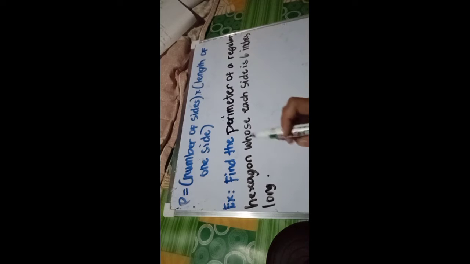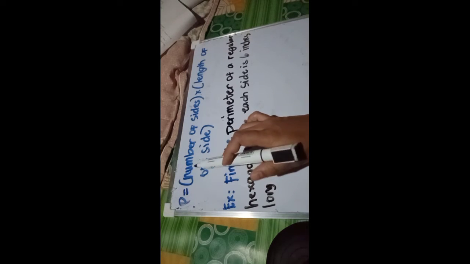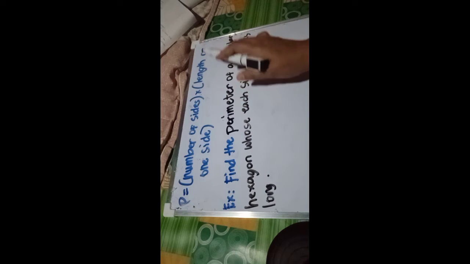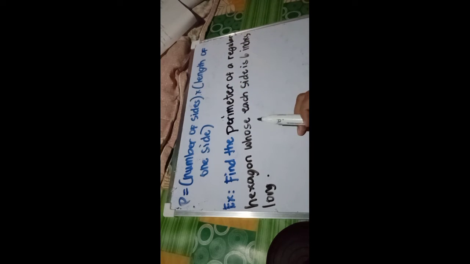The example is: find the perimeter of a regular hexagon whose each side is 6 inches long. In our formula for regular polygons, the perimeter is the number of sides times the length of one side.